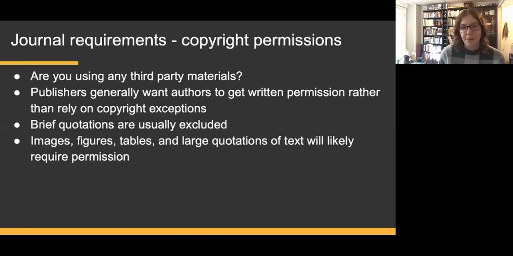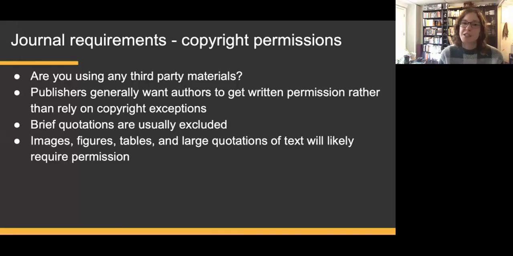So the first one I want to talk about is copyright permissions. This is going to apply if you are using any third-party materials, which is the term usually used in journal policies. Basically what that means, are you using anyone else's stuff? Publishers generally want authors to get explicit written permission to use other people's works rather than relying on copyright exceptions, such as fair use, for example, if you're familiar with this, that sometimes say you don't need to get permission, but generally speaking, publishers want to see written permission for everything that is going to be a part of your article.